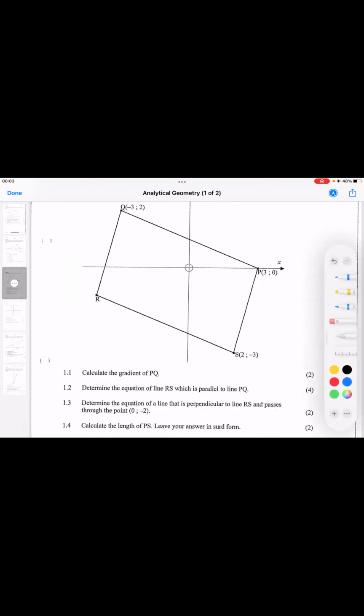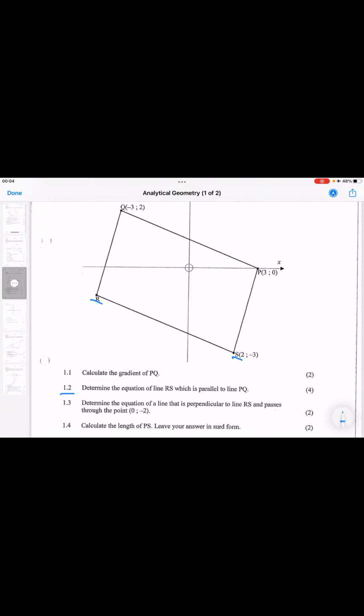So let's quickly jump on to 1.2, which says determine the equation of line RS. Where is R? Where is S? There is R and there is S. So now they are saying determine the equation of line RS, which is parallel to line PQ.